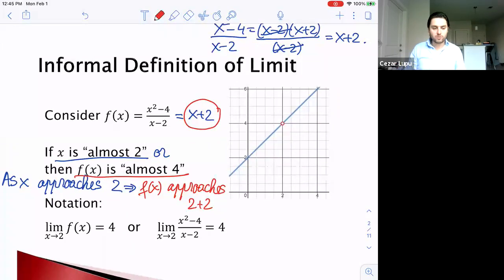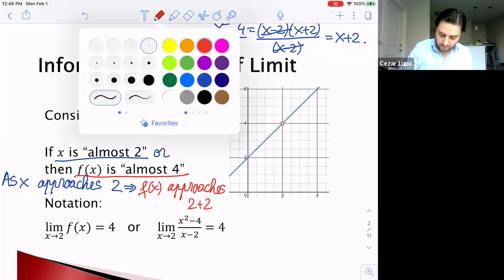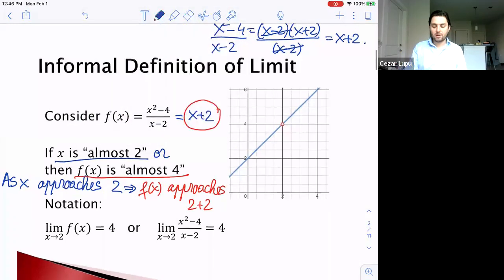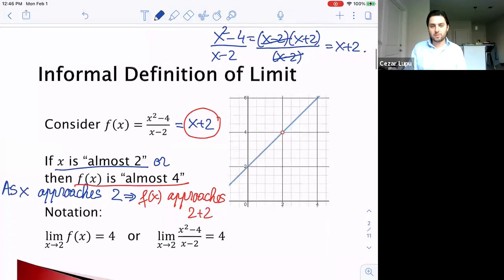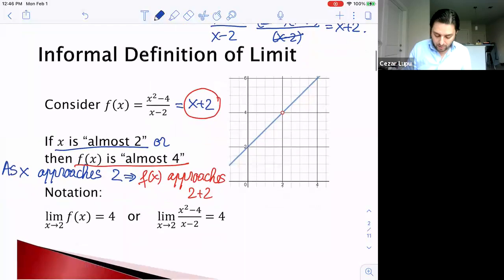The limit as x approaches 2 of f of x equals 4, or we can say that the limit as x approaches 2, this is how we're going to read it, of x squared minus 4 over x minus 2 is 4, right? So let me just write it completely so that you can see it. I'm going to use the factorization here above. So we can say that.